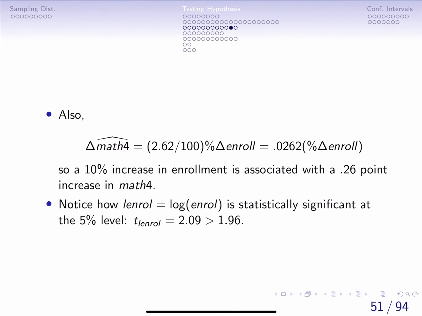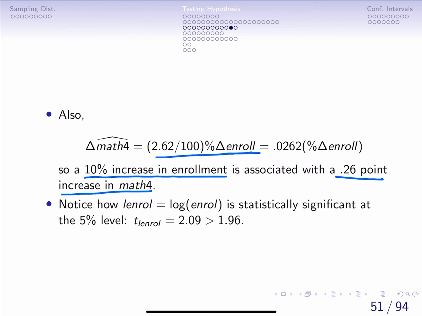Similarly, you can look at the variable enrollments, okay, or log of enrollments, which is really going to capture the diminishing effect. So here we are basically saying a 10% increase in enrollment is associated with a 0.26 point increase in math 4 scores, okay. And so the interpretation here is less important because we are focusing in this chapter on statistical inference.